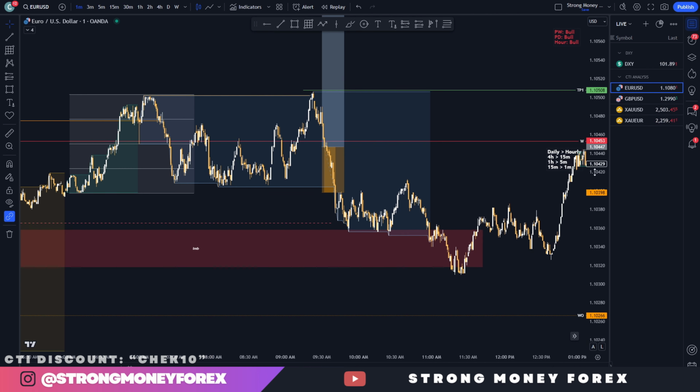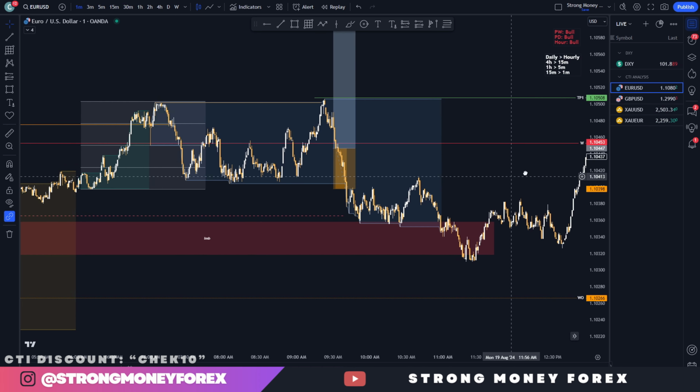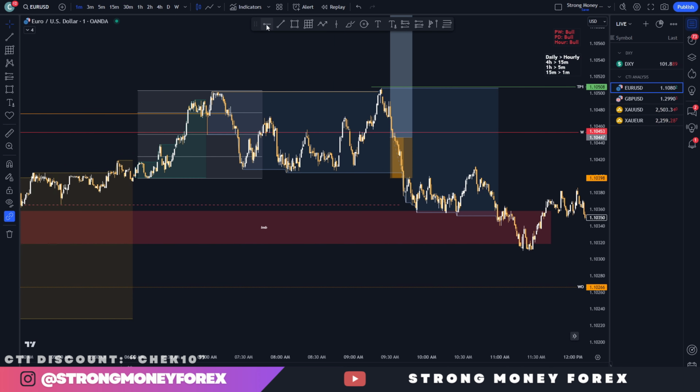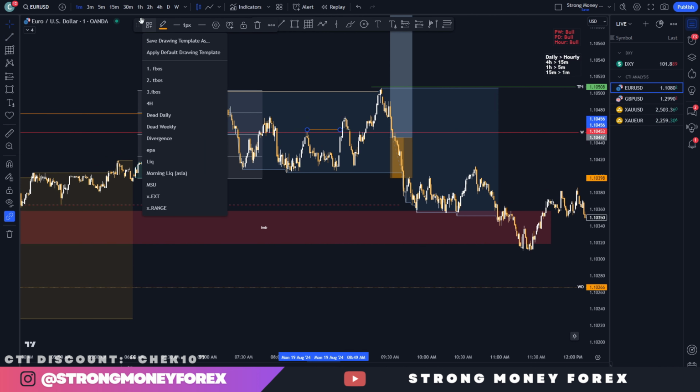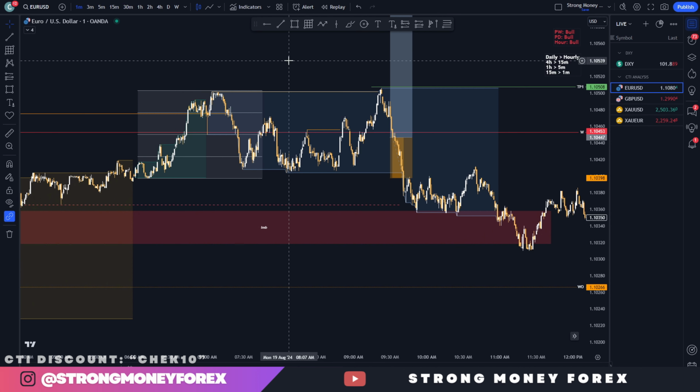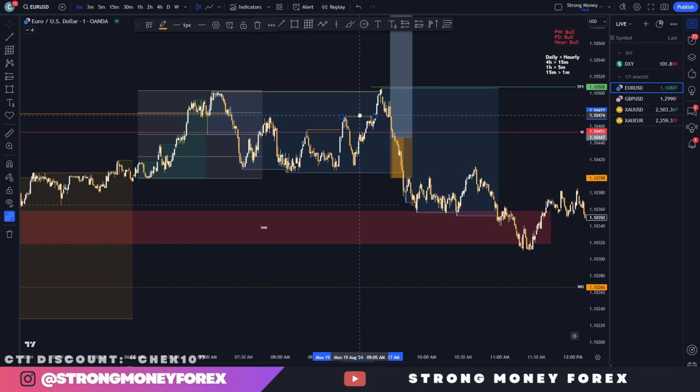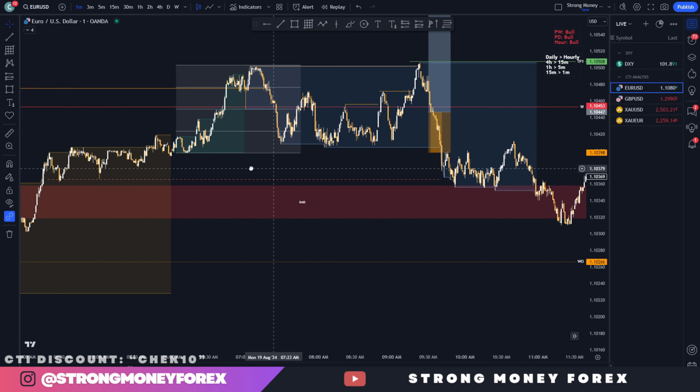Now, the reason why I took this trade is because I had multiple breaks of structure on the 1 minute time frame. So I'm happy that the trade was taken in with the right confluences. I had multiple breaks of structure to the bullish side within a 5-minute and a 15-minute bullish range.